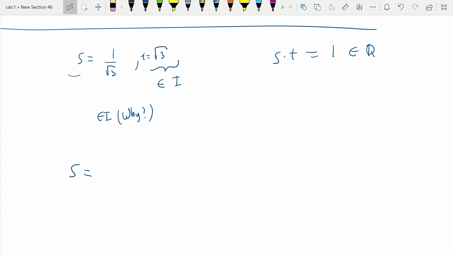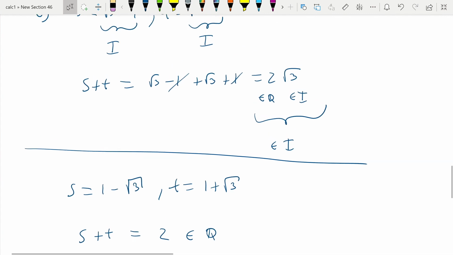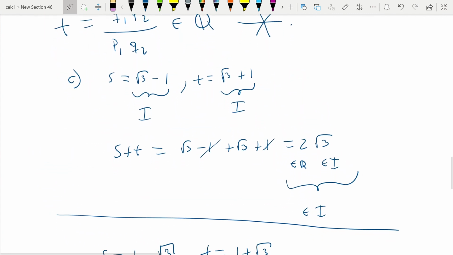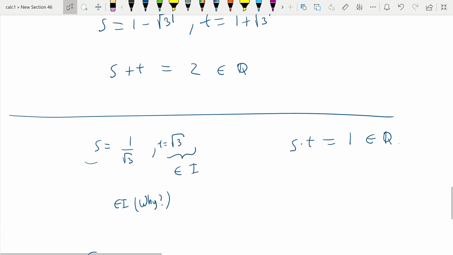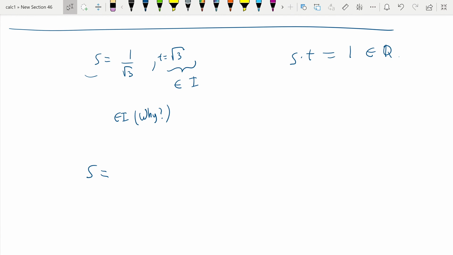I'll give you a couple of seconds to think about it, using the same kind of reasoning that we used before for obtaining an irrational number here. You basically want the rational part to cancel. So is it possible?